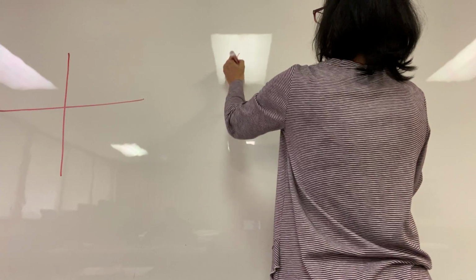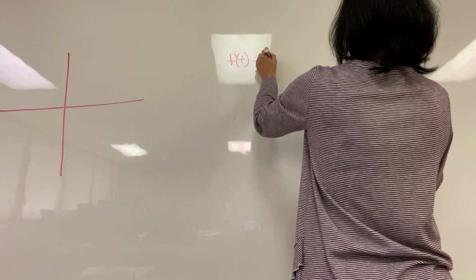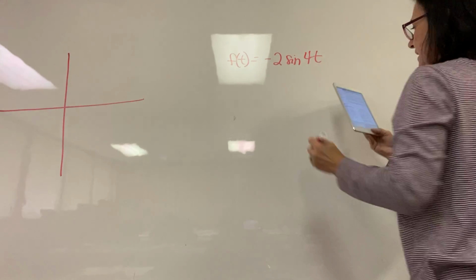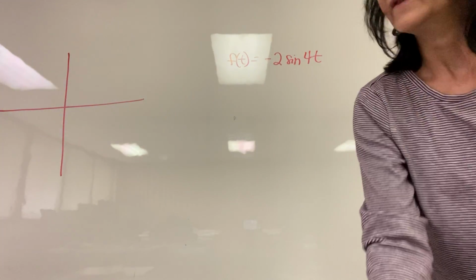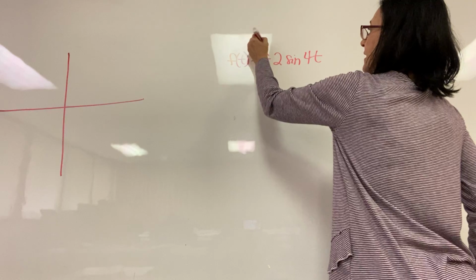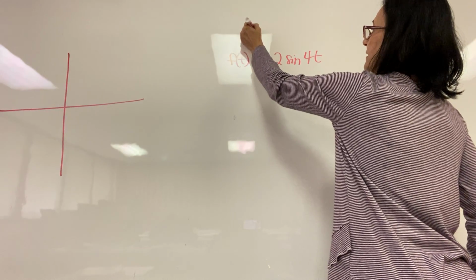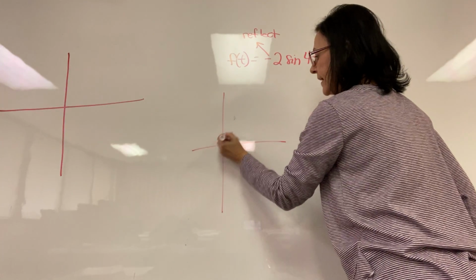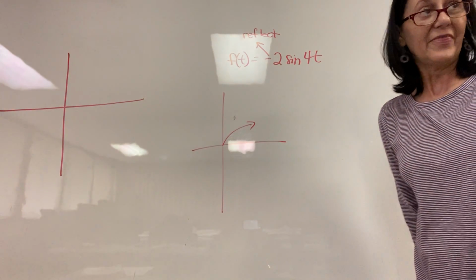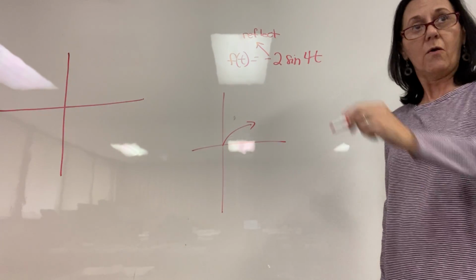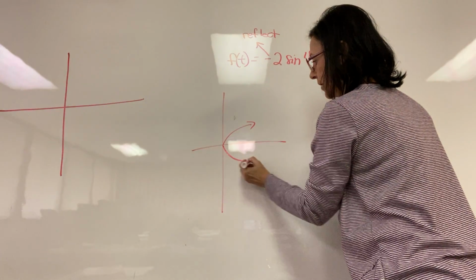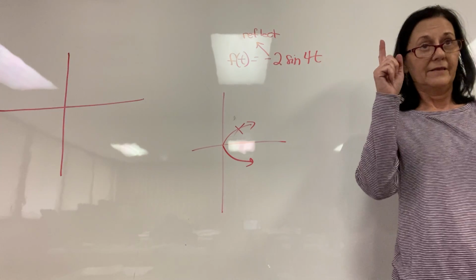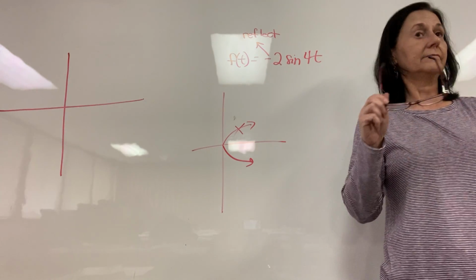So it's f of t equals -2 sine of 4t. This tells me it's going to be reflected. Normally the sine curve goes like this, but that's not what we're going to do. We're not going to go up. Instead, we're going to go down. Got it? That's what the negative says.